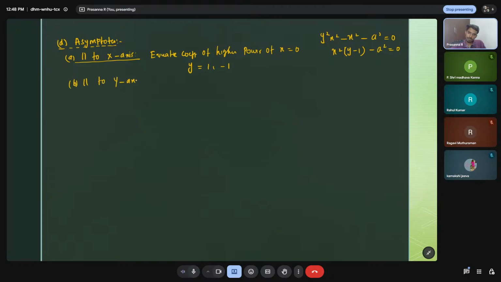For asymptotes parallel to y-axis, equate the coefficient of the highest power of y to be equal to 0. The highest power of y is x square, so x is 0. I'll just check this once.